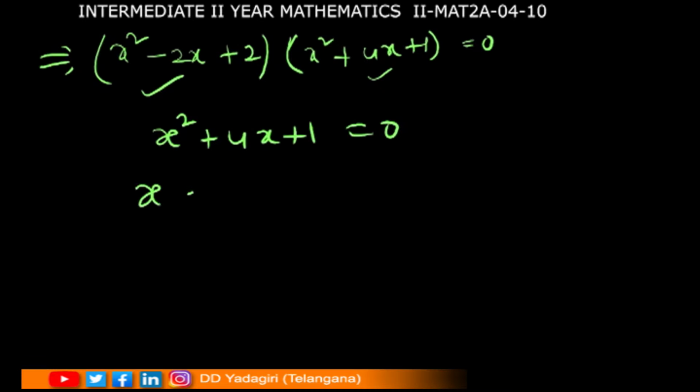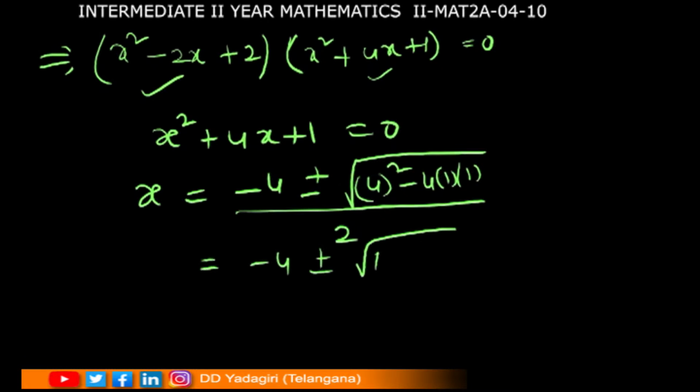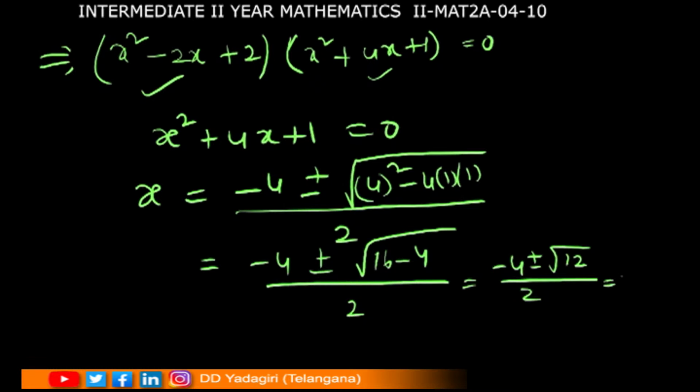So what are the roots? x is equal to minus b plus or minus under root b square minus 4ac by 2a. So this is equal to minus 4 plus or minus under root 16 minus 4 by 2. This is equal to minus 4 plus or minus root 12 by 2. This is equal to minus 4 plus or minus 2 root 3 by 2. This is equal to minus 2 plus or minus root 3.